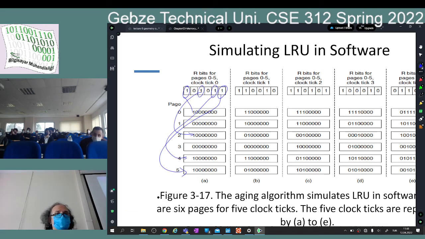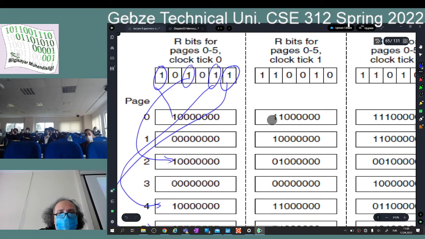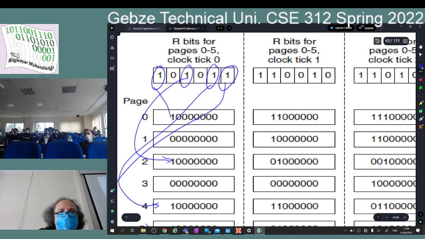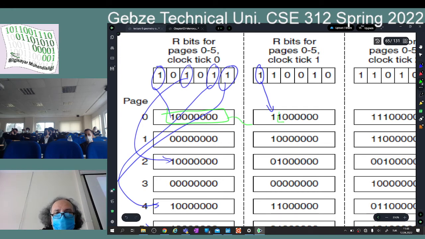Next time the clock interrupt happened, I am shifting all these numbers to the right. See, this one is again shifted to the right, but this time 1 is here. So this part is the same as this part.